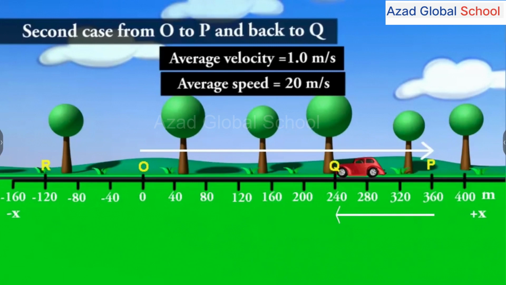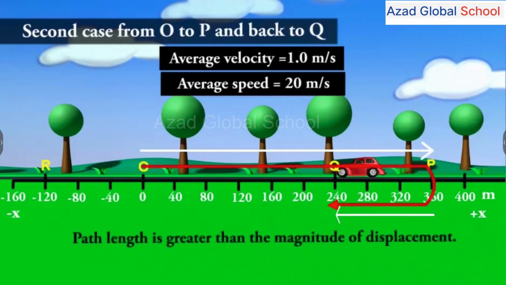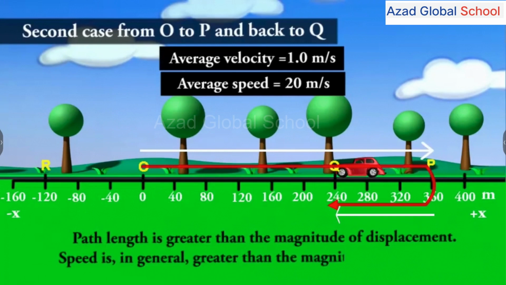Thus, in this case, the average speed is not equal to the magnitude of the average velocity. This happens because the motion here involves change in direction, so that the path length is greater than the magnitude of displacement. This shows that speed is in general greater than the magnitude of the velocity.